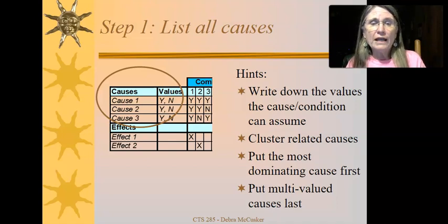And when there are causes that have lots of possible values, we want those to be furthest down the list.